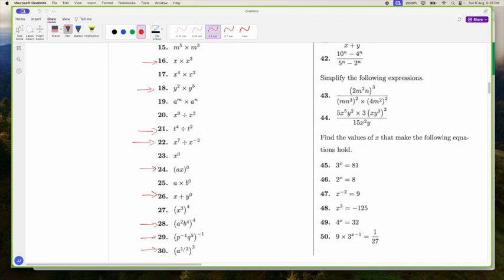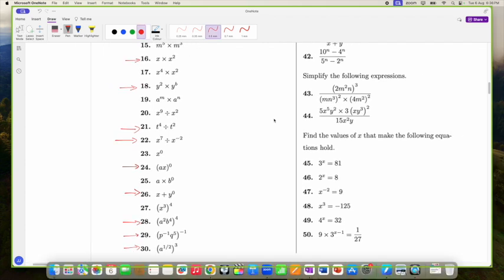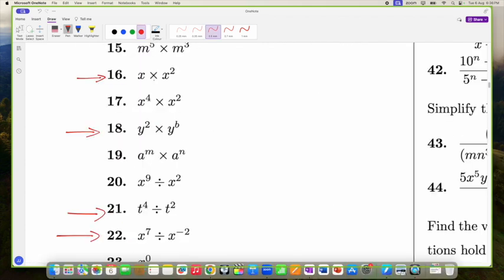Now, 1, 2, 3, 4, 5, 6, 7, 8, 9. 9 questions. Try not to take too long. I'll just go quickly with this one. This one here is just x to the power of 1, right? Multiply means we add the indices, plus 2, so we have x to the power of 3.